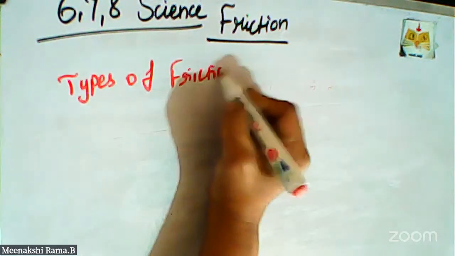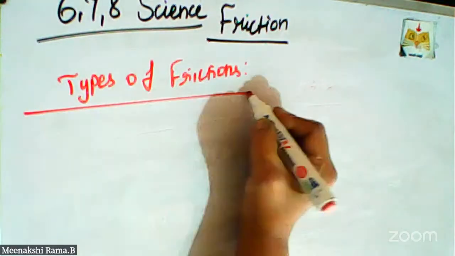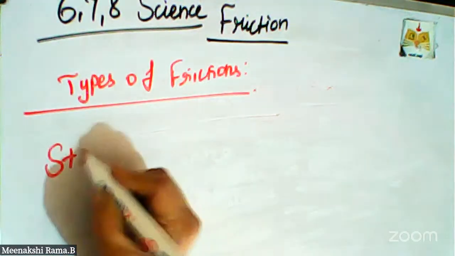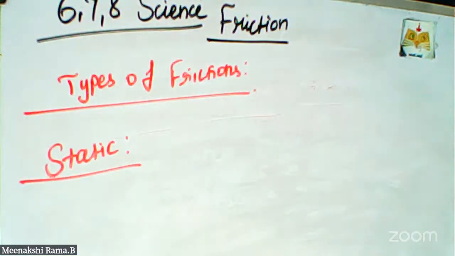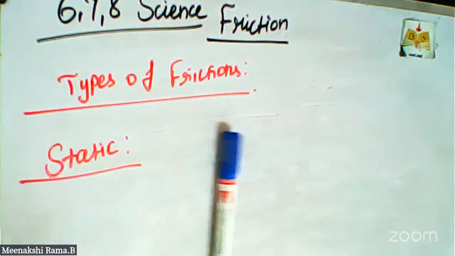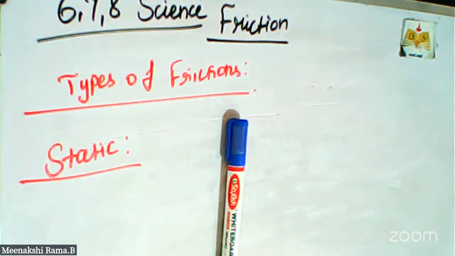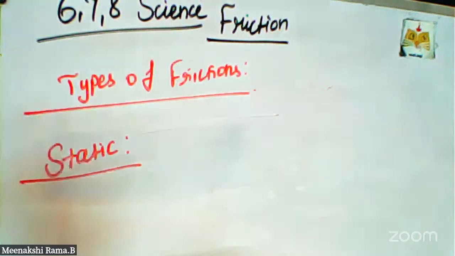What is static friction? Static friction means the bodies which are at rest. The pen is in a static posture. There is no movement. So this is called static friction.